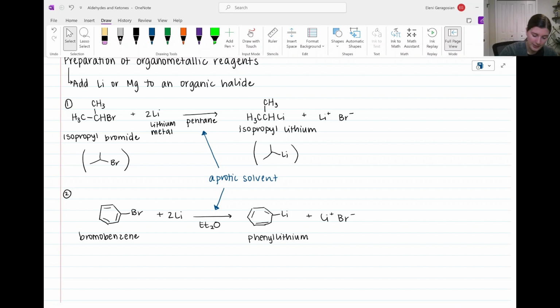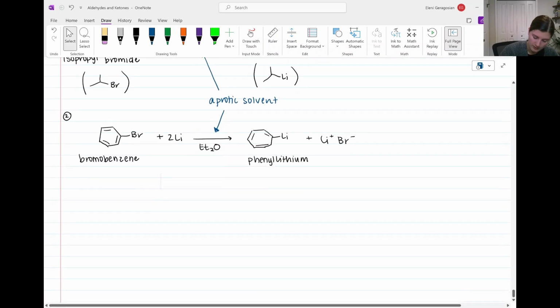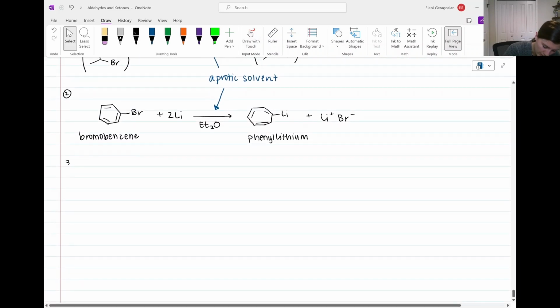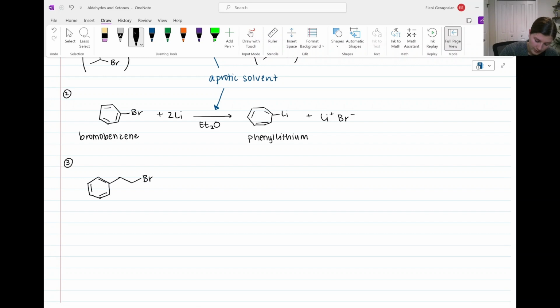Grignard reagents are prepared similarly. Here's another example, example 3. We start with an organic halide. Here's an example: we'll have a phenyl ring, 2 carbon chain, and then a bromine. To form the Grignard reagent, we need magnesium.